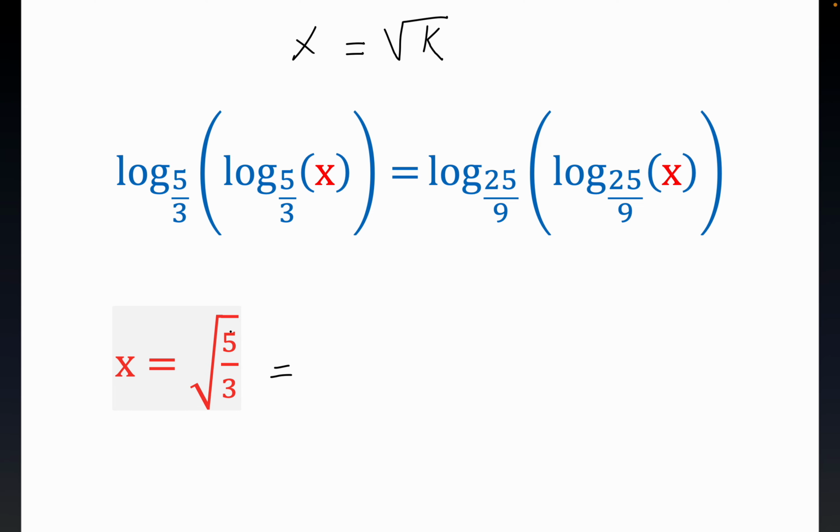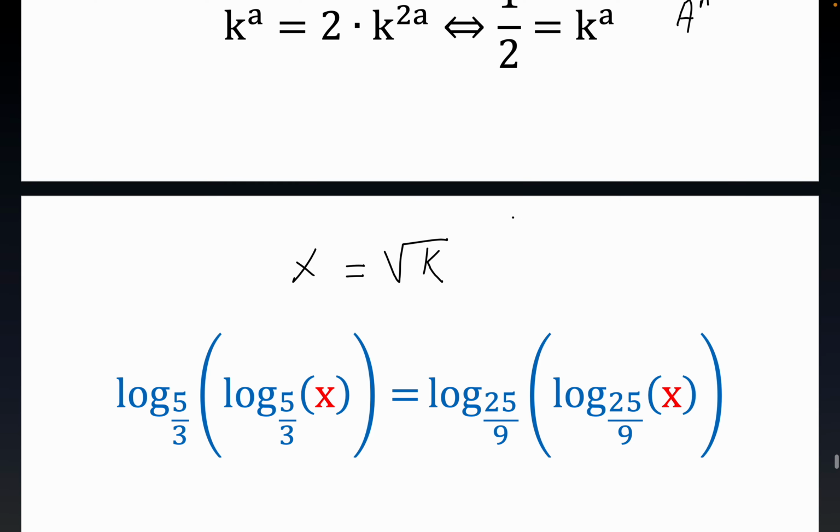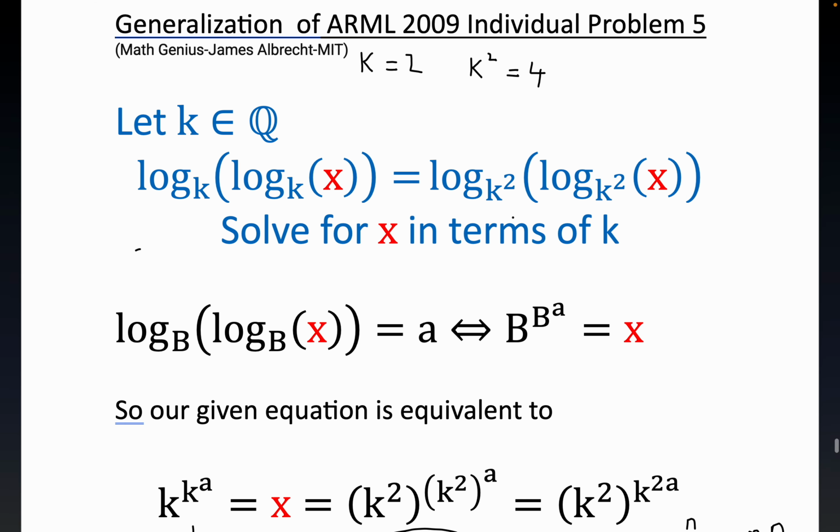That's the square root of, so this would be what? The square root of 15 over 3? I think so, yeah. Square root of 15 over 3, if you want to rationalize that, multiplying top and bottom by square root of 3, you get this. So this is the so-called rationalized version of the answer. But in any event, this is just an example of rational exponents going on. Here's 5/3 and here's 5/3 squared. So anyway, this x equal root k would be the final answer as far as what we're looking for.